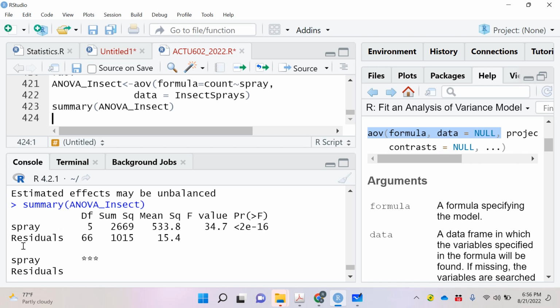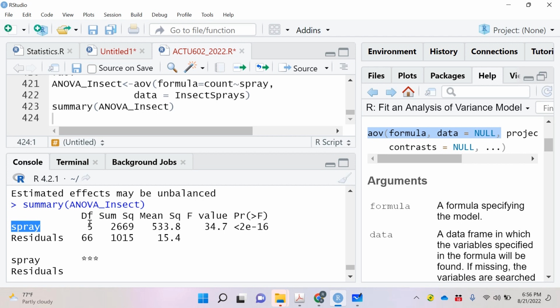So you remember an ANOVA table, this is what we have over here. The only thing that is missing is the total. But this is an ANOVA table. So this is our treatment, which is the spray. The degrees of freedom: how many sprays do we have? 6, yes. In an ANOVA table, that will be k minus 1, the number of groups minus 1.